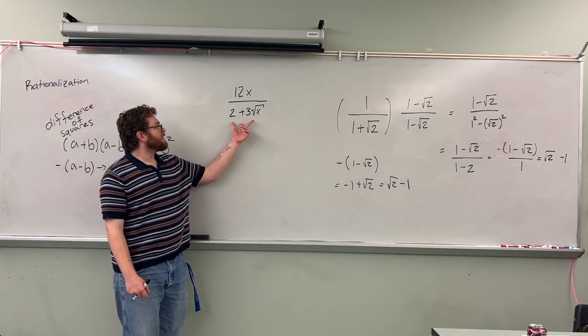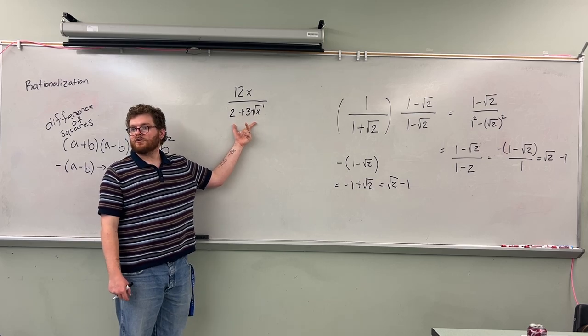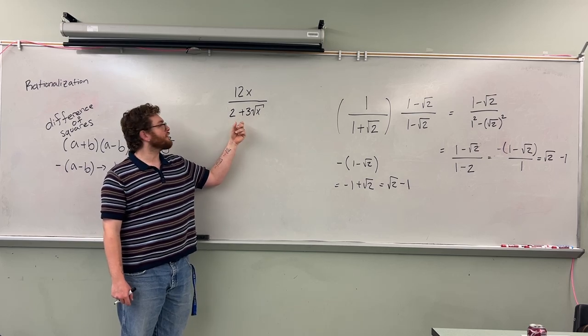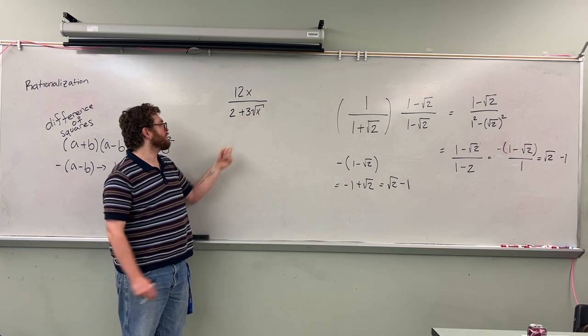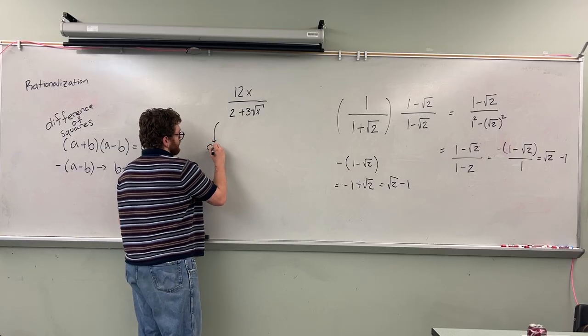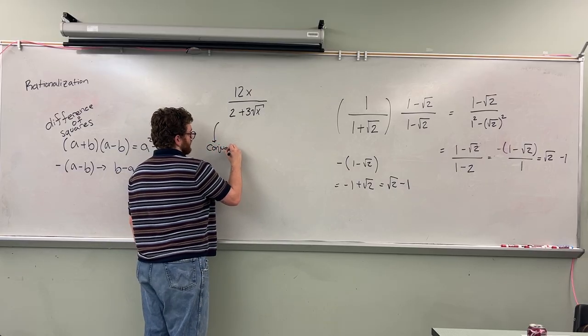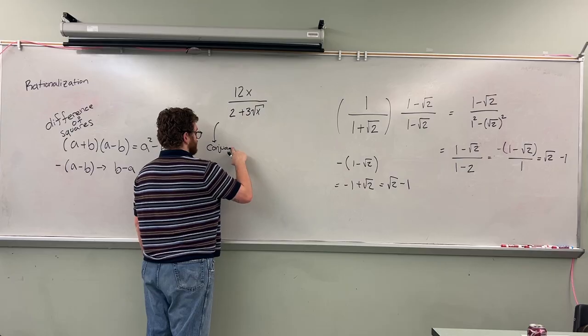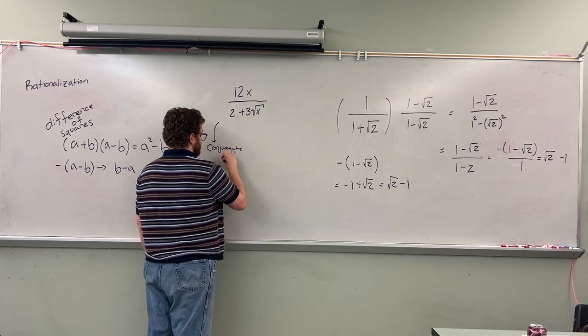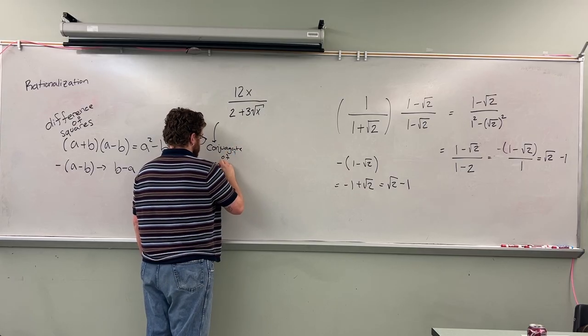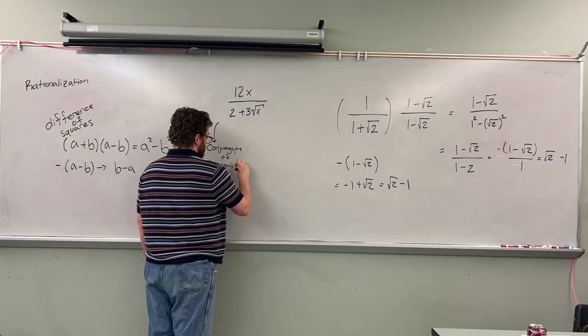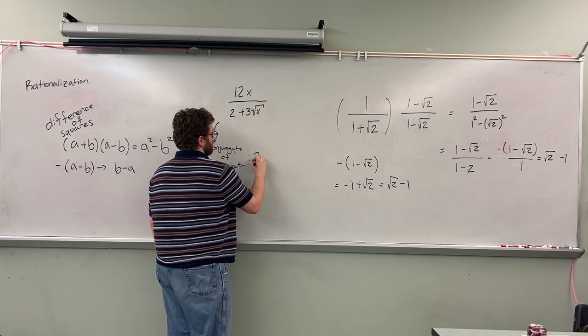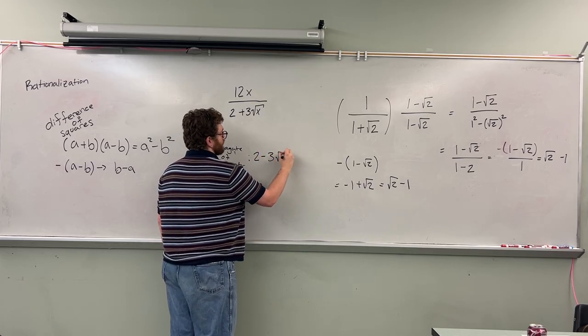So first I want to identify what is the conjugate of this. Remember, that's just swapping addition for subtraction. So the conjugate of the denominator is 2 minus 3 root x.